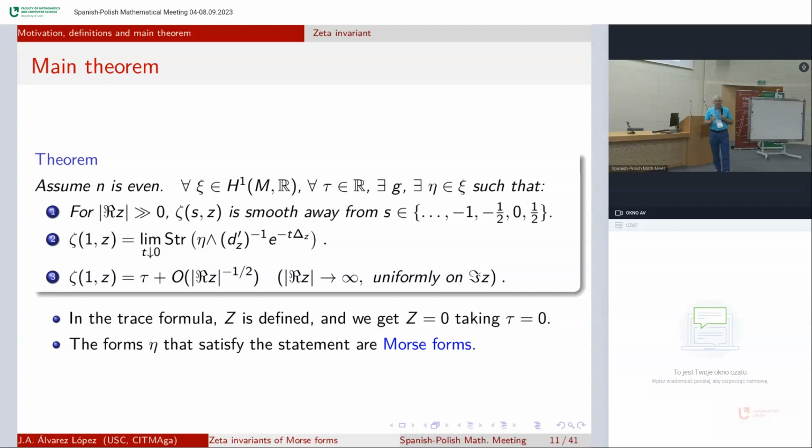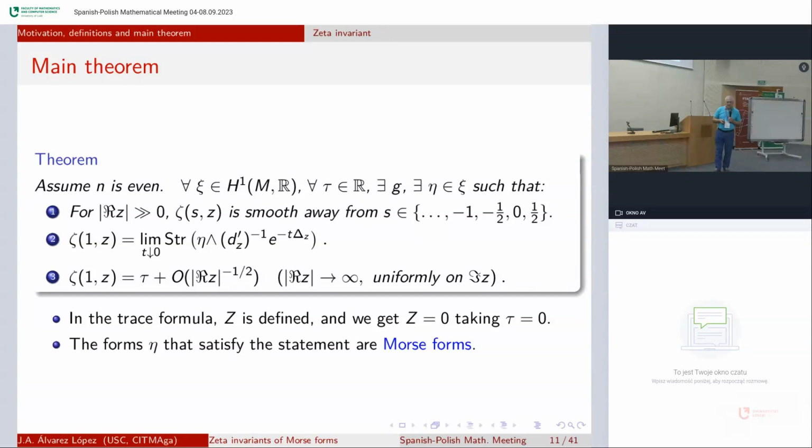So we reduce the possible poles. So in particular, it is defined at s equal to 1. So our theta invariant is defined.